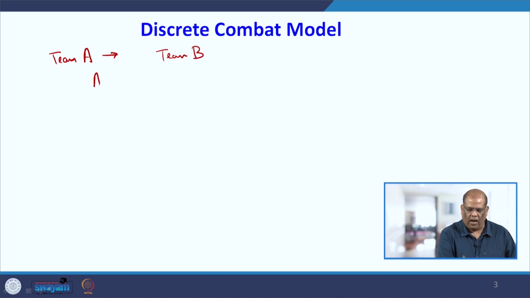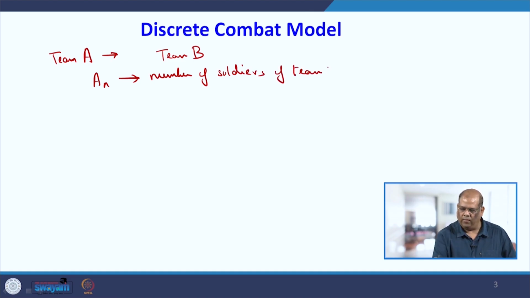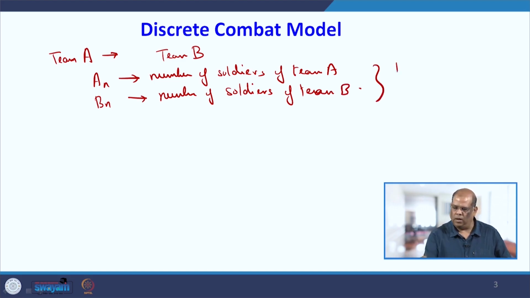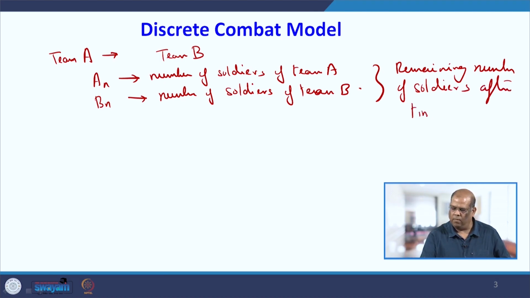So, let A(n) be the number of soldiers of team A and B(n) be the number of soldiers of team B. So, this is the remaining number of soldiers after time n. There is an assumption here.